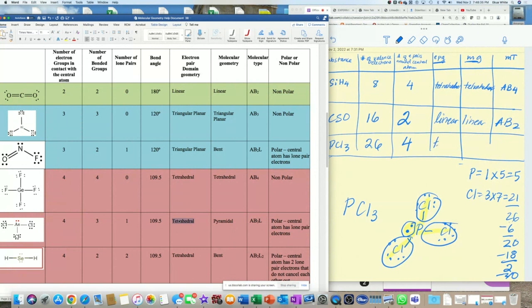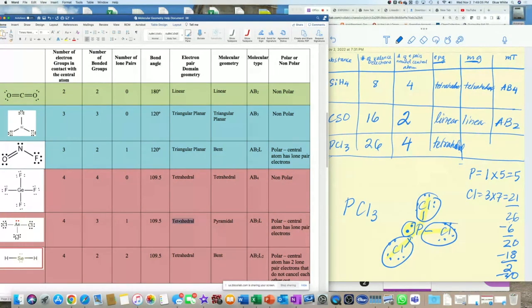So I'm going to write here tetrahedral, because electron pair geometry considers all groups present, not just the bonded groups, right? We are focusing on what is causing the groups to bend the way they do. It is because all the groups are repelling the other groups present. Therefore, it's causing everything to be at an angle versus being horizontal or vertical, right? Okay, so we have tetrahedral.